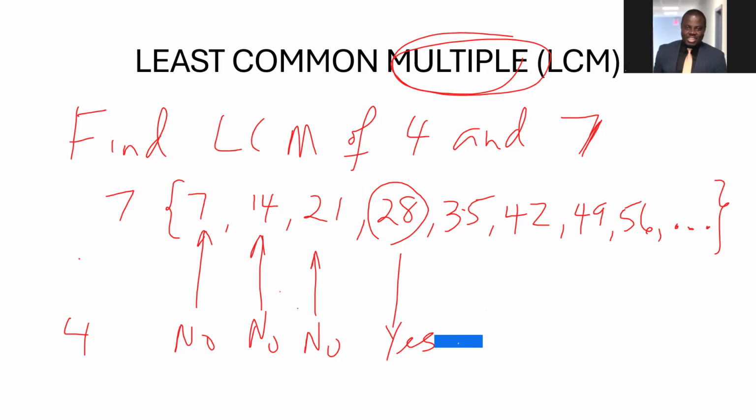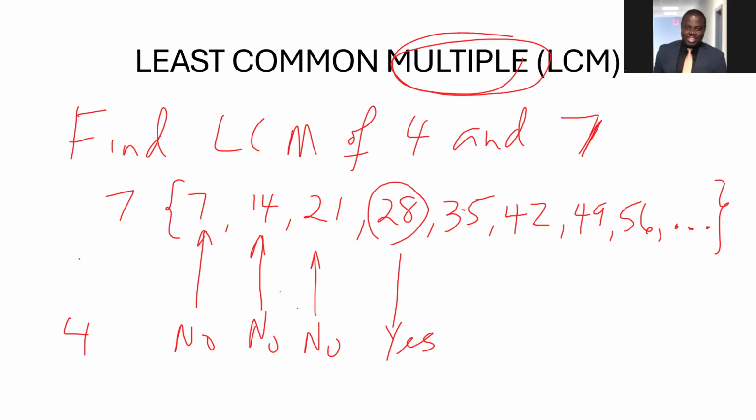So it's always faster if you only use the larger number, or the largest number if the numbers you're looking at are more than 2. So use the larger or the largest number. Here the larger number is 7. So I only write the multiples of 7 down, and then I look at them one after the other to know if they are multiples of the other number, which in this case is 4.